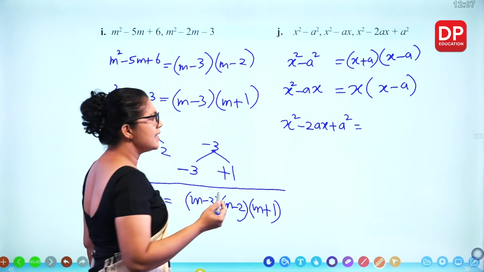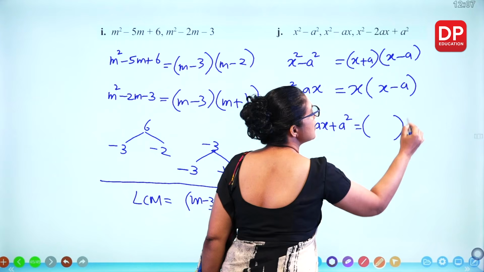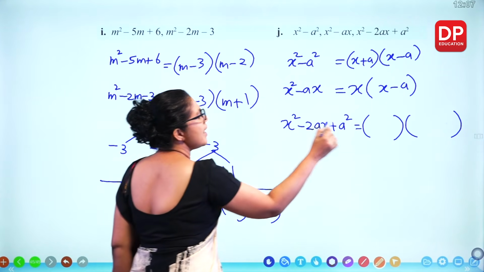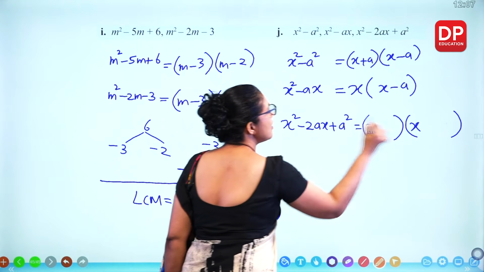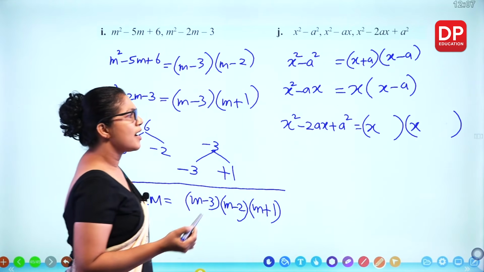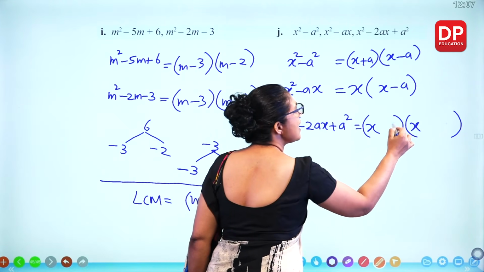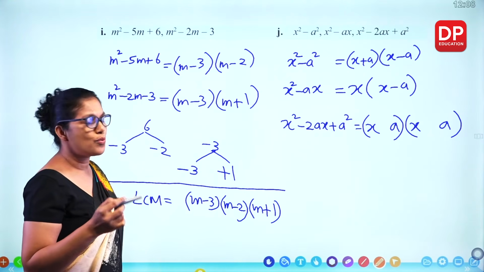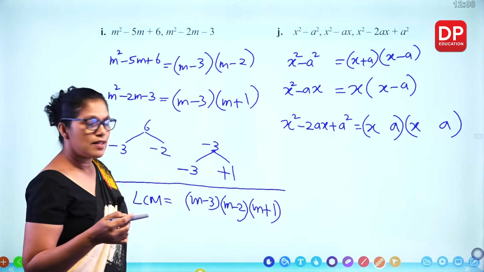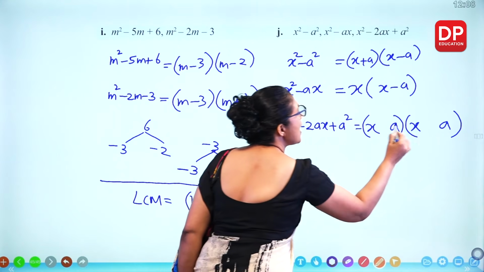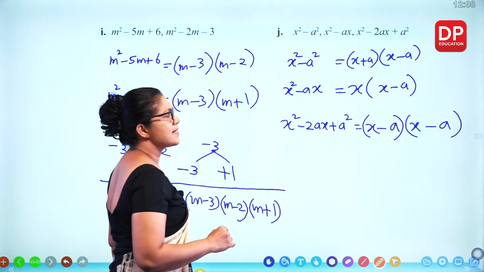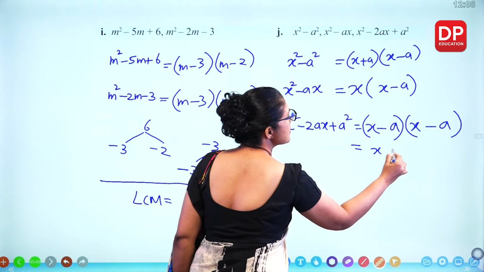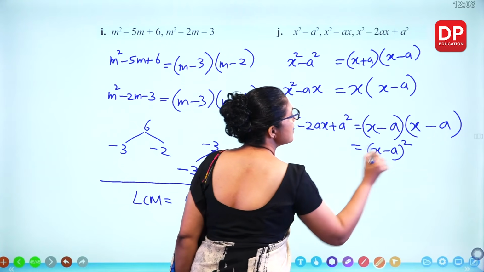This is again a quadratic expression and the coefficient is 1. Straight away you can write down x, you get a squared. How do you get a squared? a and a. But the middle term is minus 2a. So that means this should be minus a and minus a. So here you can rewrite this as x minus a whole thing squared.